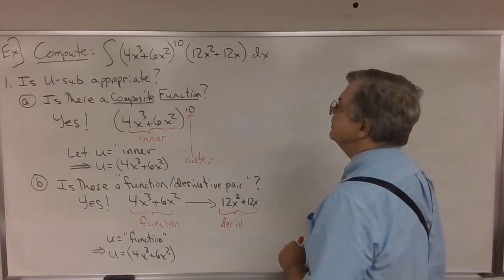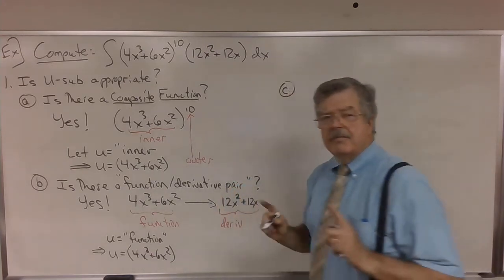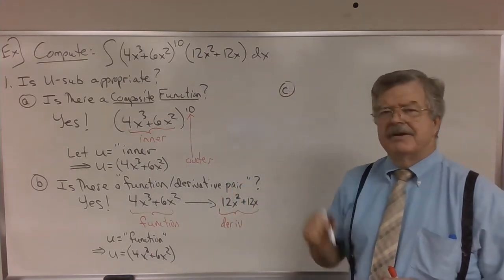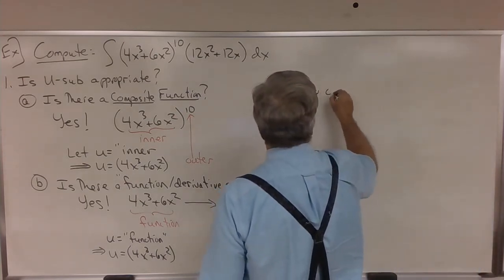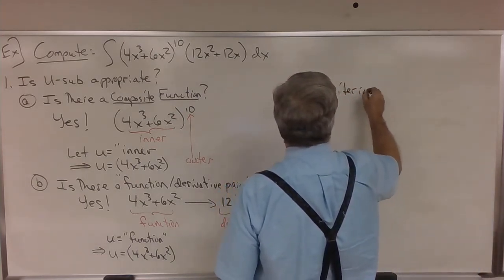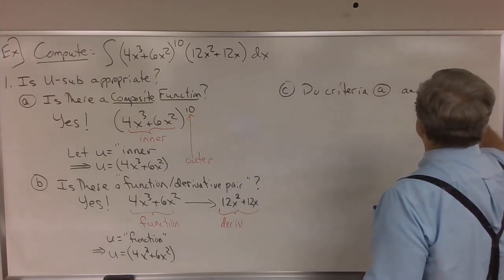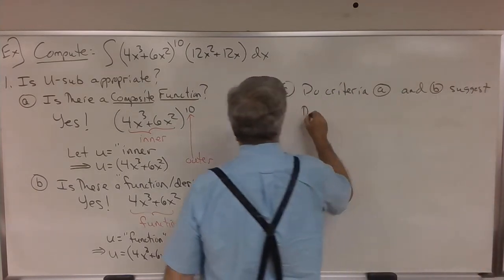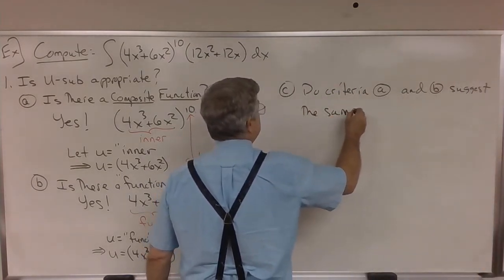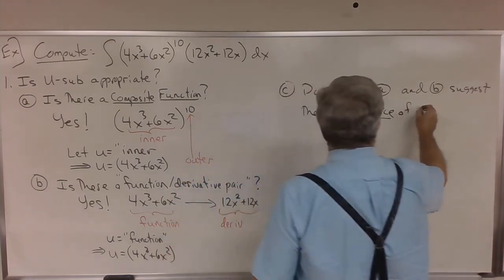So that means that u is 4x cubed plus 6x squared. And now we do C. And remember, we revised criterion C. Do criteria A and B suggest the same choice of u?